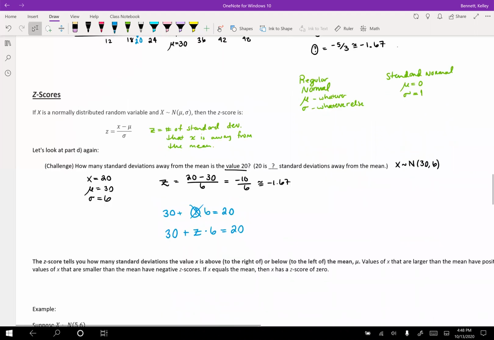So if I wanted to solve this for Z, I would do 6 times Z equals 20 minus 30. So Z equals 20 minus 30 over 6. Well, guess what? 30 is mu, 6 is sigma, 20 is X. So it's not at all different from using X minus mu over sigma.